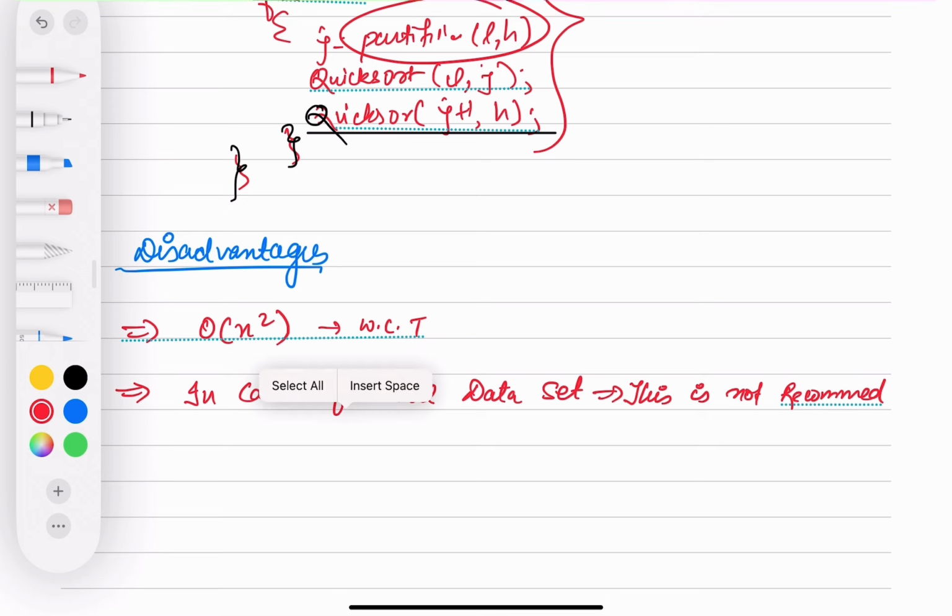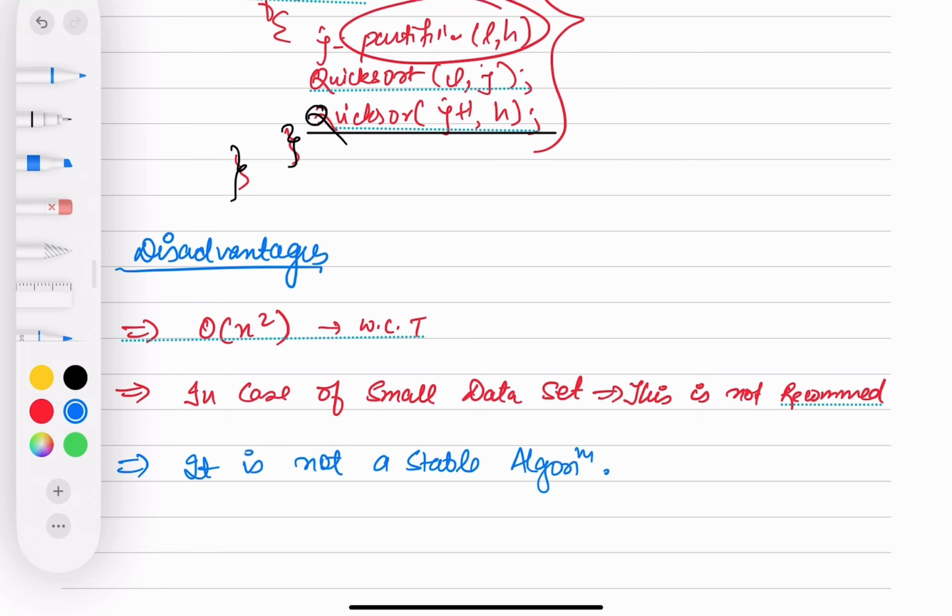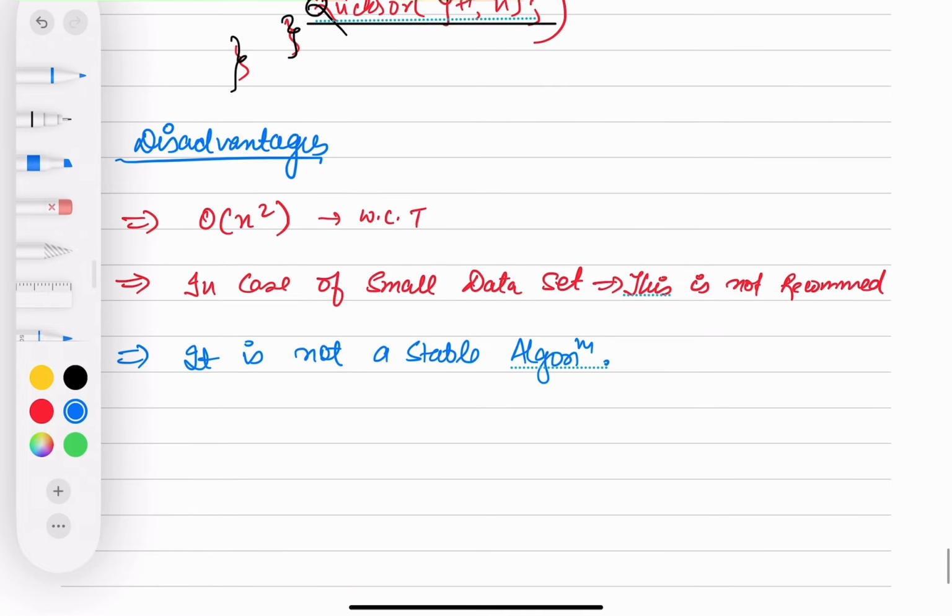Then it is not a stable algorithm. It is not a stable algorithm, meaning that if two elements have the same key, their relative order will not be preserved in the sorted output. Why will it not be preserved? Because we are swapping elements according to the pivot's position.